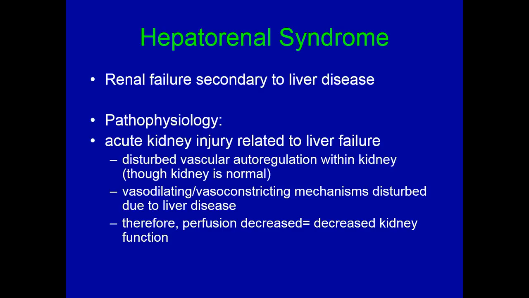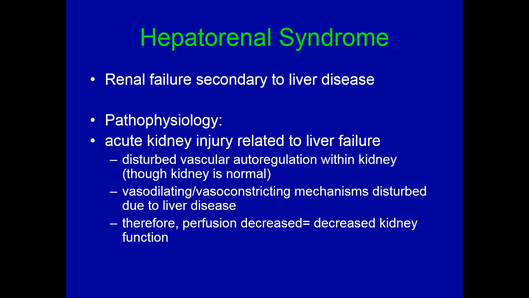Because the liver doesn't detoxify the blood properly, we think that some of those toxins will affect the renal system and cause kidney injury, particularly through disrupting, again, blood flow. So therefore you get either acute or chronic decreased perfusion to the kidney, and that just loops us back to unit 1, right? Acute kidney injury or chronic kidney disease.